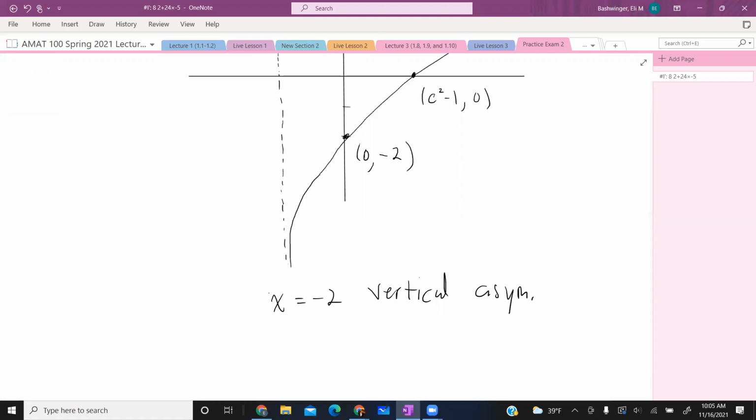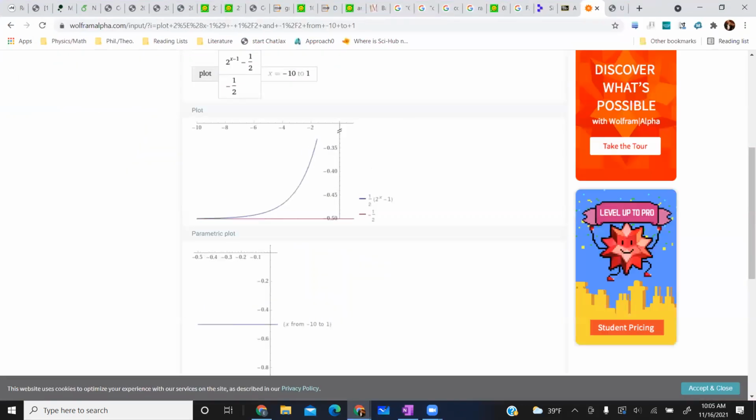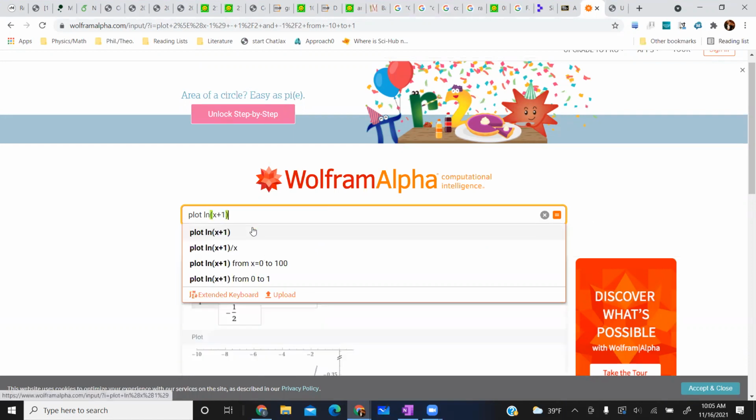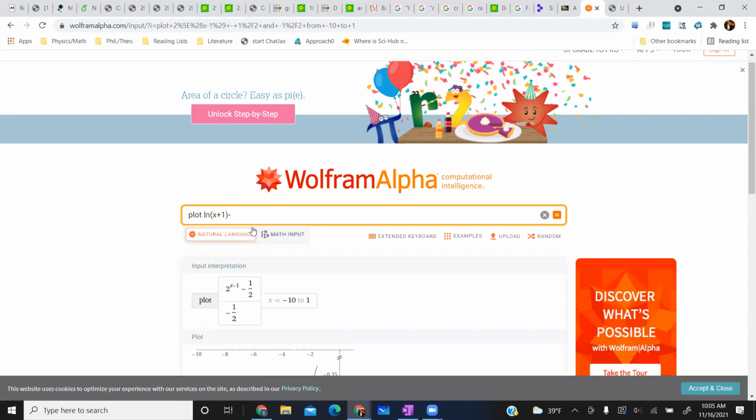And then just for fun, let's plot this in Wolfram to see if we got something that looks remotely like what we have. So we're plotting ln of x plus 1 minus 2.